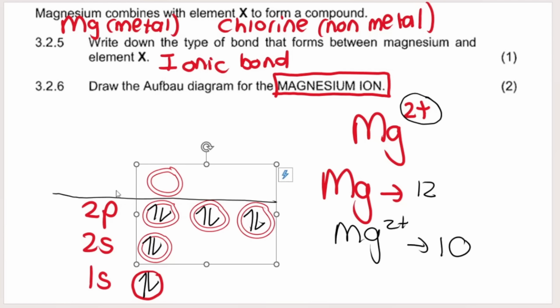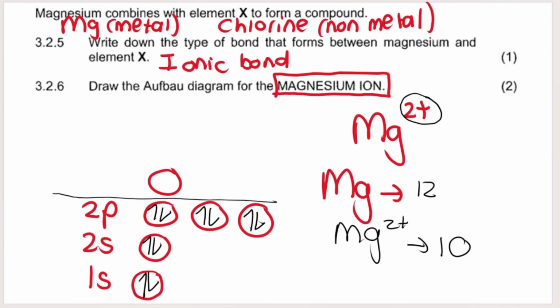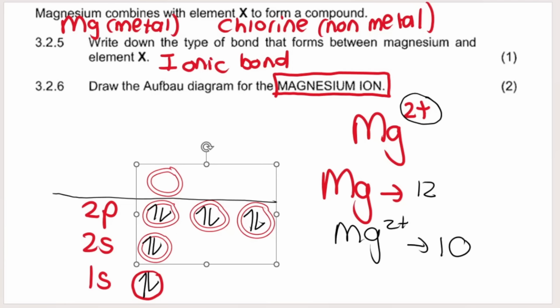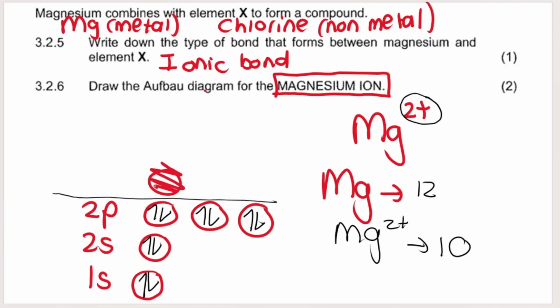If you need more help on how to do the Aufbau diagram, check out my video on Aufbau diagram and SP notation. Okay, we don't need that final red circle over there. Okay, so energy level 1 is full, energy level 2 is full, and that makes sense that the outer energy level is full because the magnesium ion is full and stable, outer energy levels complete.